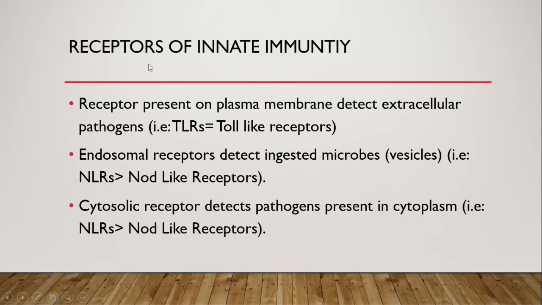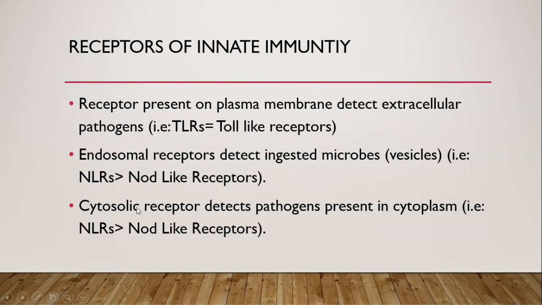So receptors of innate immunity that are present on plasma membrane detect extracellular pathogens. Such receptors are TLRs, called toll-like receptors, while endosomal receptors detect ingested microbes that are bounded by vesicles. Example are NLRs, that are node-like receptors.